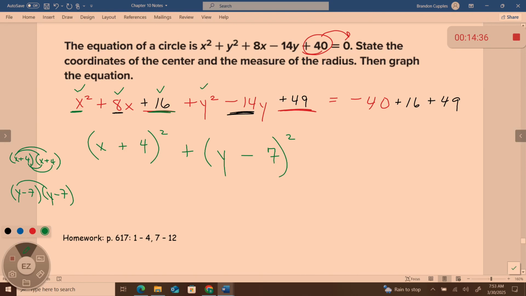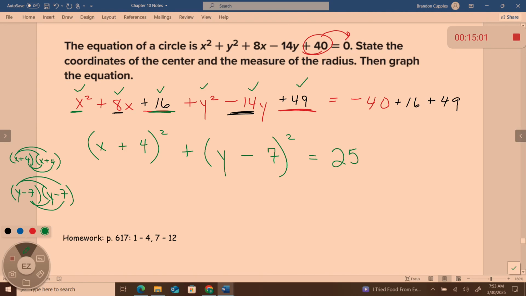Negative 7y and negative 7y, negative 14y, check. Negative 7 times negative 7 is positive 49, check. So to finish this off, negative 40 plus 49 gives you positive 9, plus 16 would be 25. There we go.